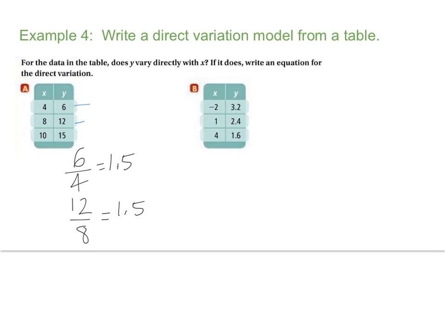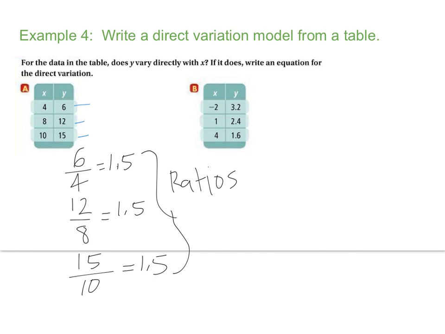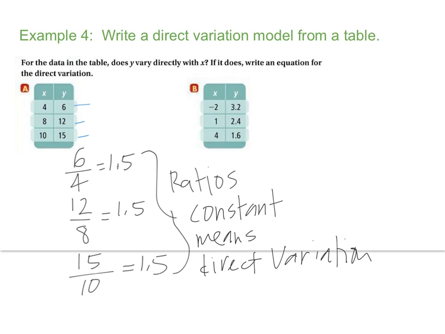And finally, we have 15 over 10 for y over x, and 15 divided by 10 is 1.5. So we can see that all of the ratios are constant, so we know that this is direct variation. So again, ratios constant means direct variation.